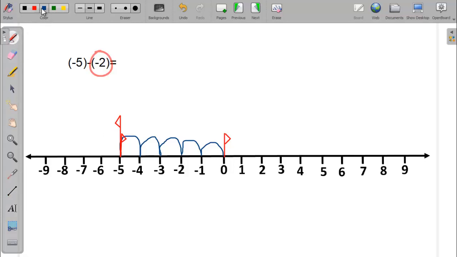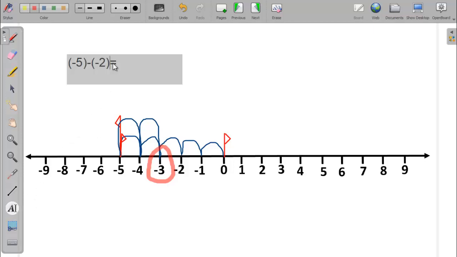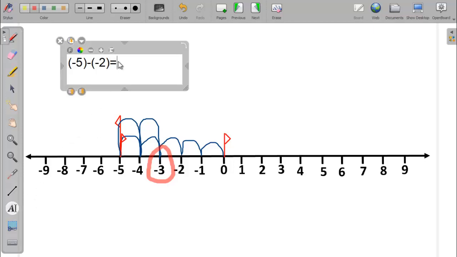So we have to move backward according to the face of the stick figure. So we are going to move backward first step, second step. So where did we land on? At number minus 3. So the answer is minus 3. That is minus 5 minus minus 2 equals minus 3.